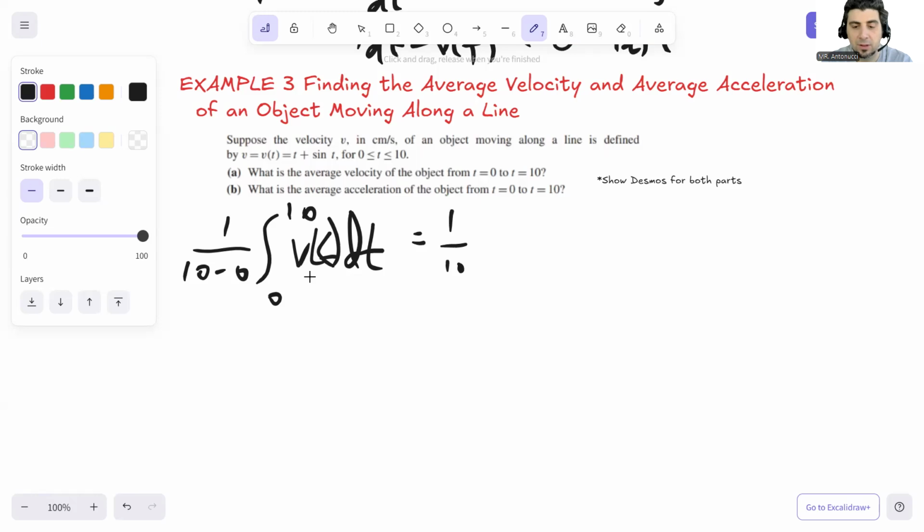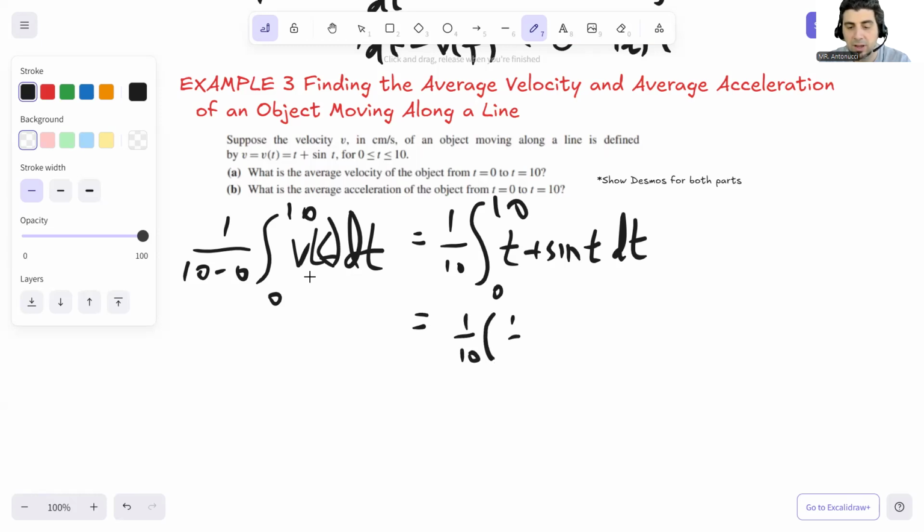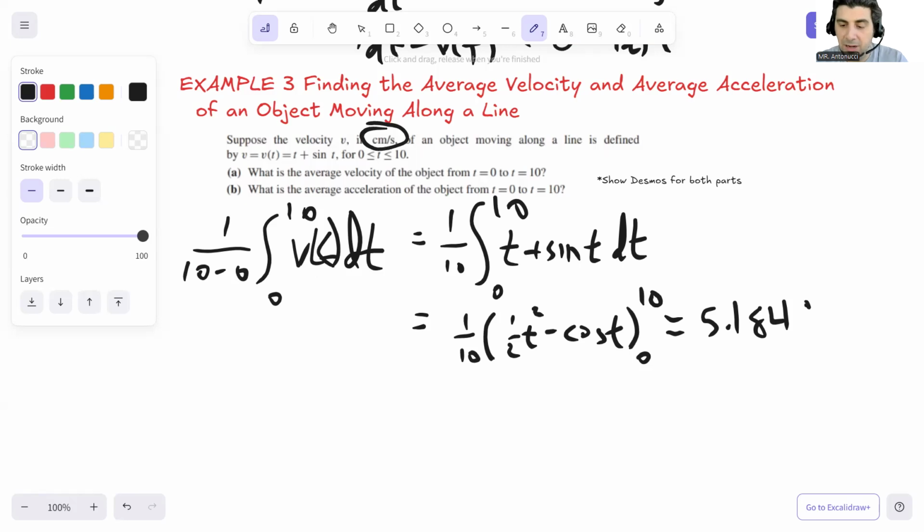So this is 1/10 integral from 0 to 10 of t plus sine t dt. So this would be 1/10 times 1/2 t squared minus cosine t from 0 to 10. And then you would plug in 10 and 0 and subtract, and you'd get approximately 5.184. And the units on the velocity are centimeters per second.